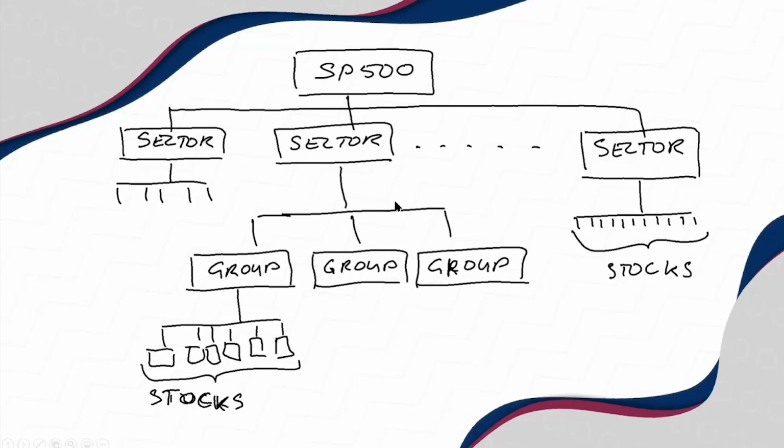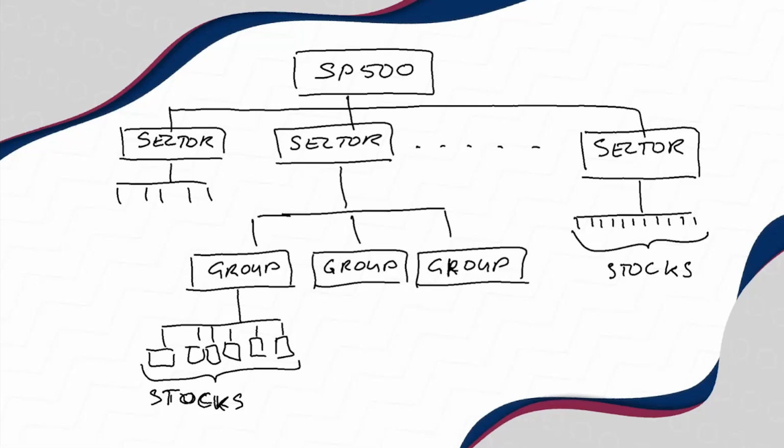So I want a chart list that shows me all my sectors. Then I want chart lists that show me all the stocks in the sectors. But I also want chart lists that show me all the groups that make up a sector. And then I want chart lists that show me all the stocks inside a group.